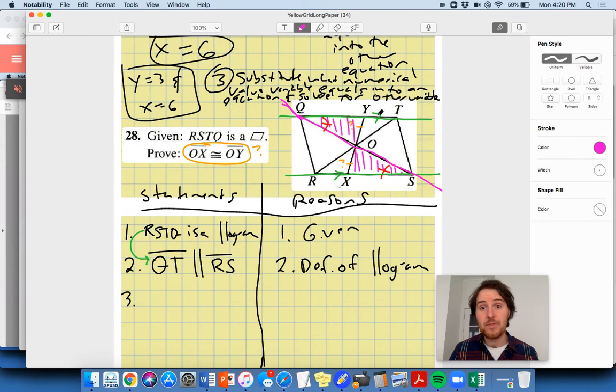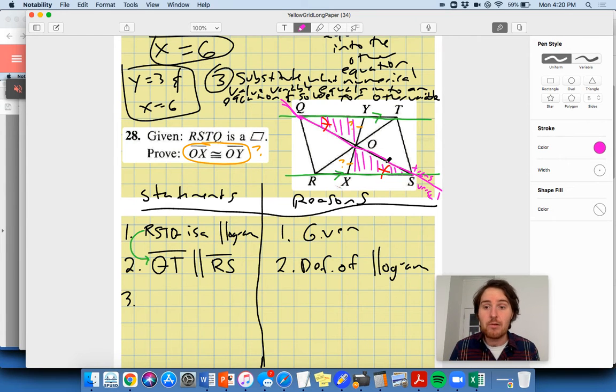But we care about these two parallel lines, and we care about this here because these are alternate. Look, they're on alternating sides of the transversal. That's what it's called, a transversal, if you haven't been using that term since last semester. It cuts across two parallel lines. It cuts across any two coplanar lines, but these just happen to be parallel.